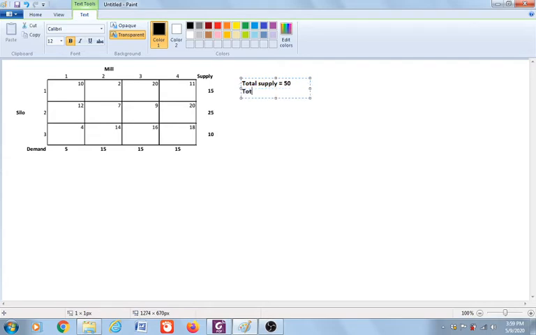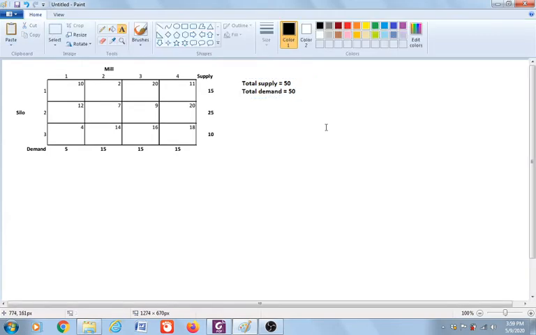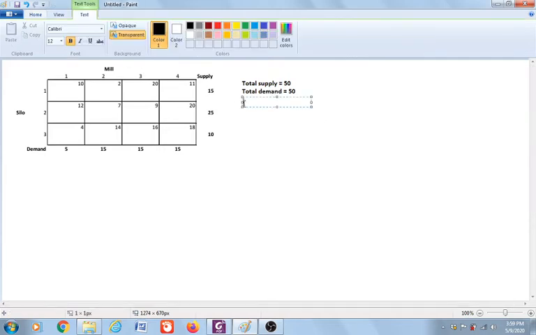The total demand is 5 plus 15, 20, plus 15, plus 15, and that is 50. So the total supply equals the total demand. Then we can solve this problem because the problem is balanced.